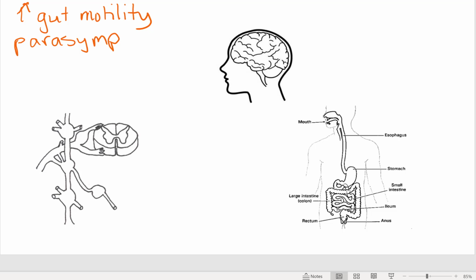Let's do increased gut motility prior to the left colic flexure. Where is the left colic flexure?